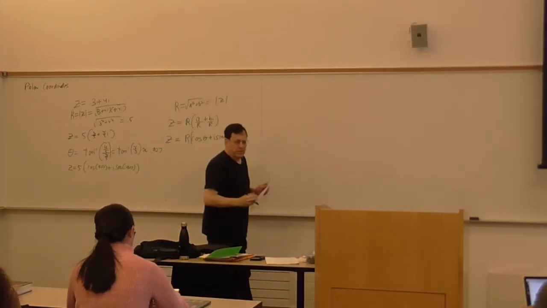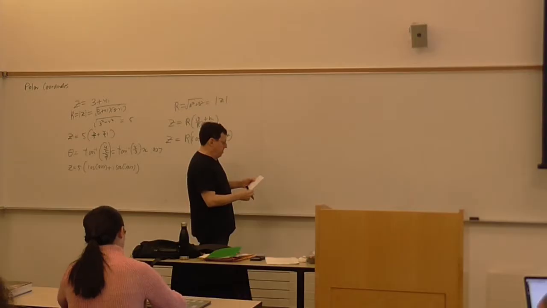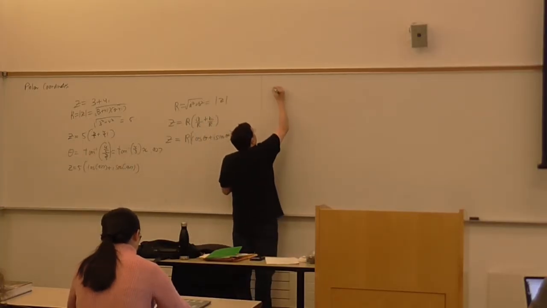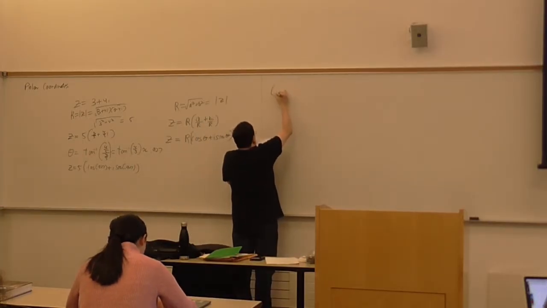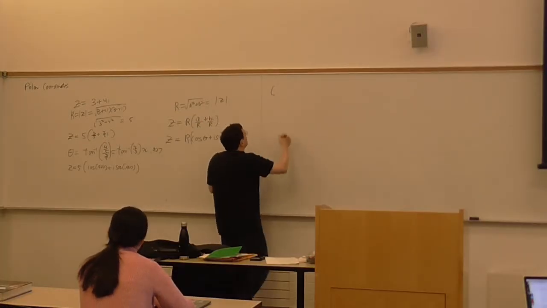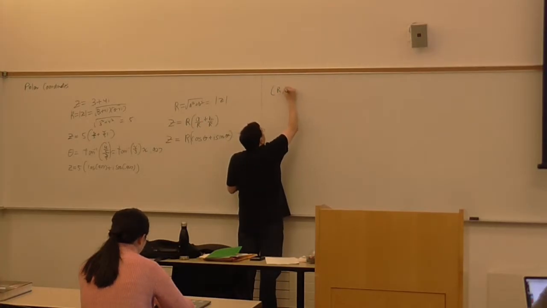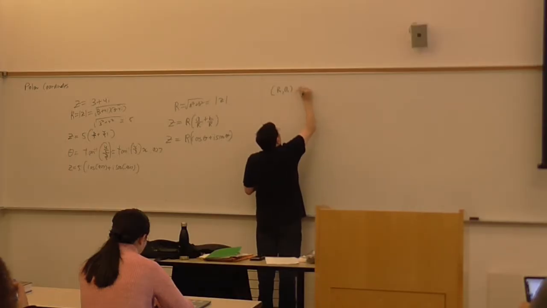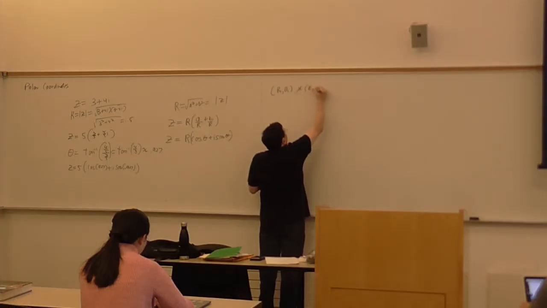Surprising result one takes a little algebra. What we want to do is take two complex numbers in polar form and multiply them and see what happens. So we have r1 theta 1, and we want to multiply that by r2 theta 2.